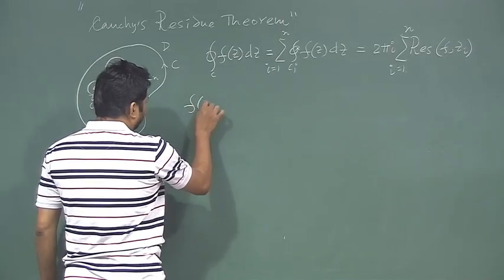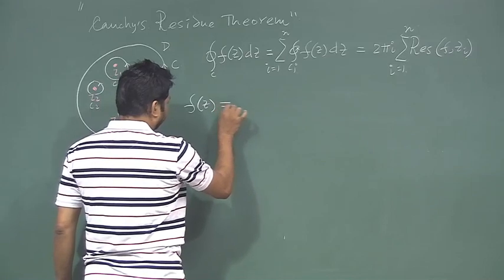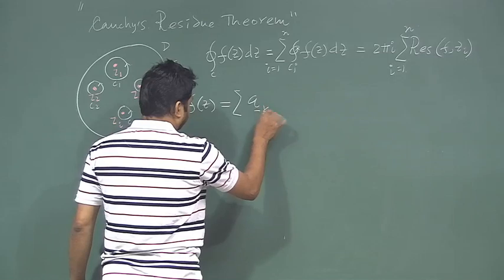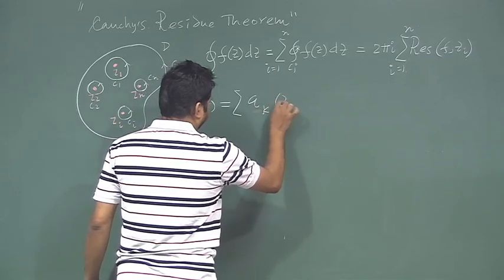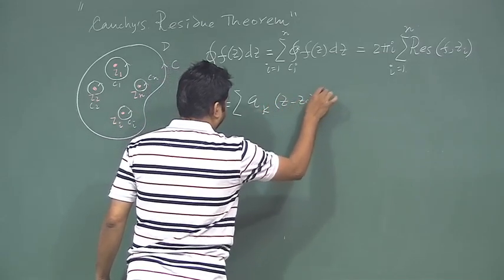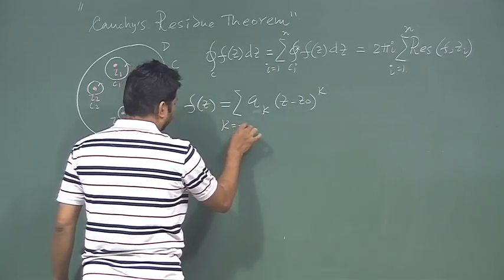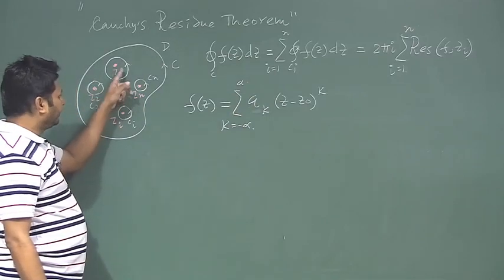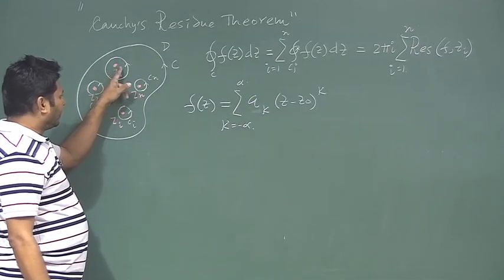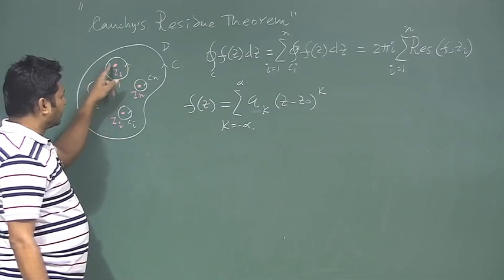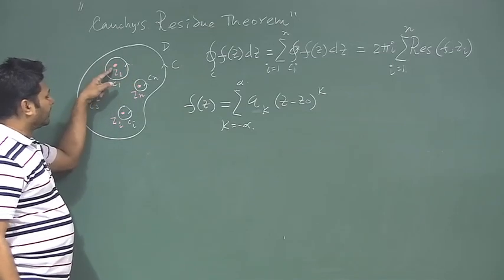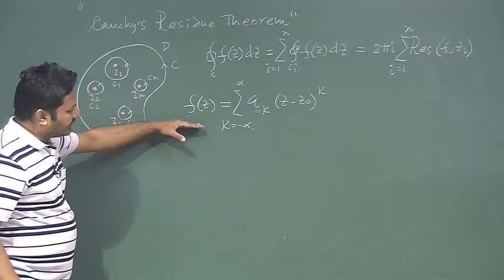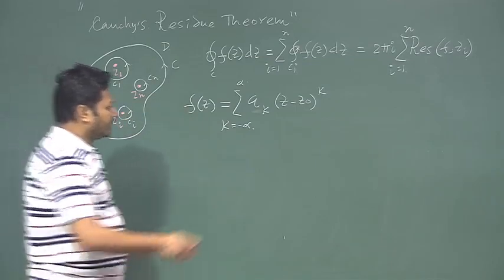Now let us go back to our Laurent series expansion. I have this expansion in my hand, and it is valid when we have some singularities here, then this function is bounded in some annular region.